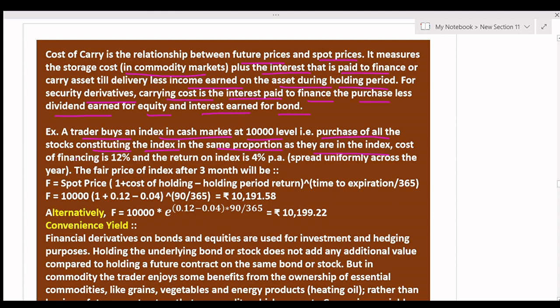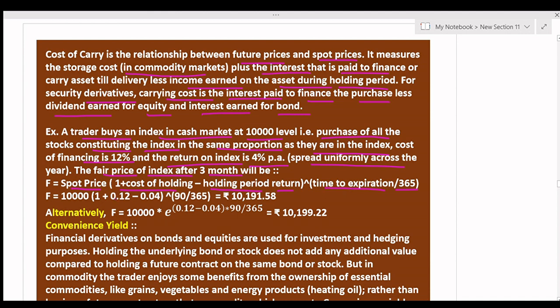Cost of financing is 12% and the return on index is 4% per annum, spread uniformly across the year. The fair value of the index after 3 months will be F = spot price × (1 + cost of holding − holding period return)^(time to expiration / 365), that is converted to year.